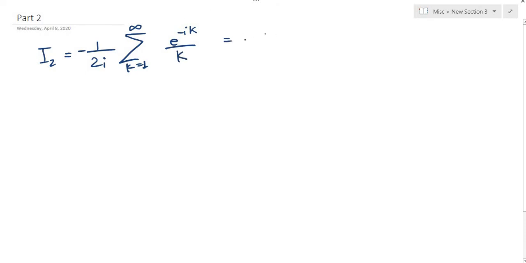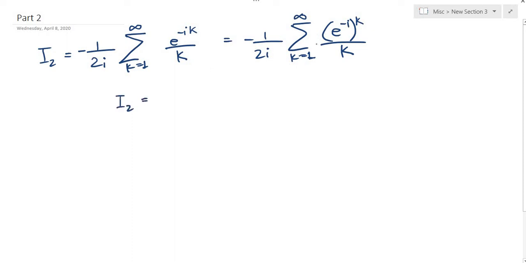Well, we can write this as negative 1 over 2i times the sum from k equals 1 to infinity e raised to negative i, the whole thing raised to the kth power divided by k. So now again, as with I1, we want to introduce an alternating part so that we can write this in terms of a natural log function.